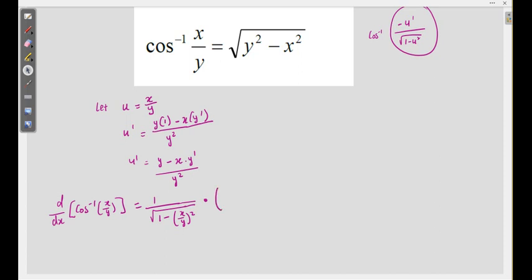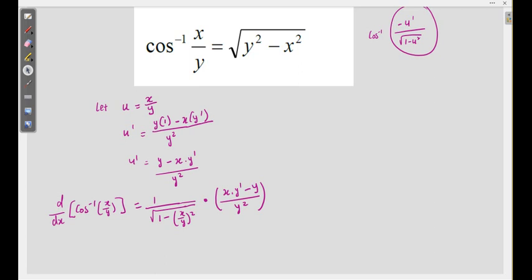If I quickly multiply by negative here, it means we'll have x times y prime minus y all over y squared. You see what I did? I just multiplied everything by negative.